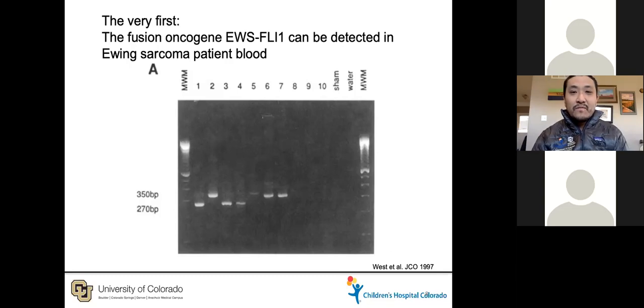You can see that lanes 3, 4, 6, and 7 have positive bands right at the expected 270 and 350 base pair sites. This was the first proof of concept of finding tumor-derived RNA in blood.